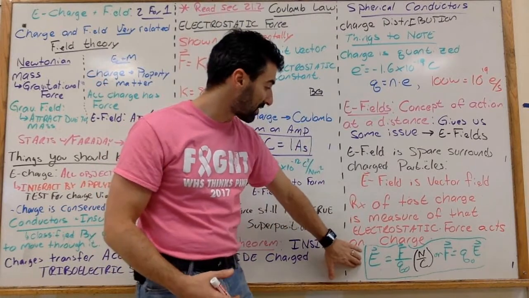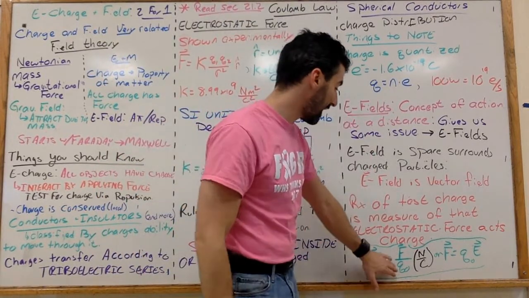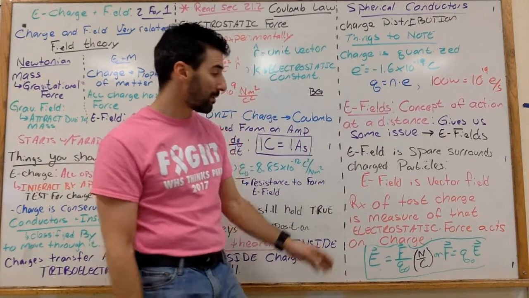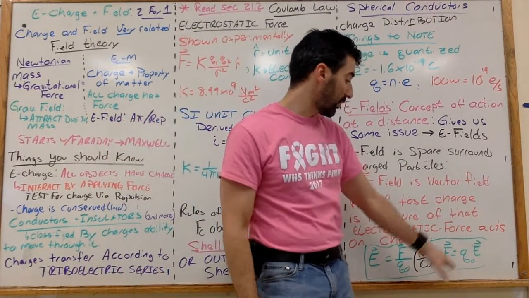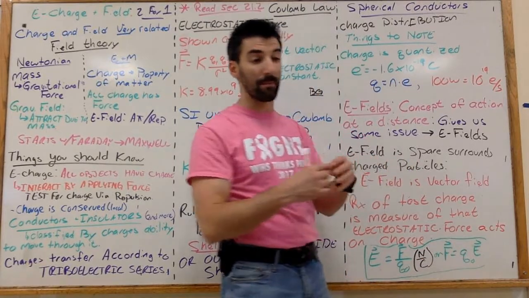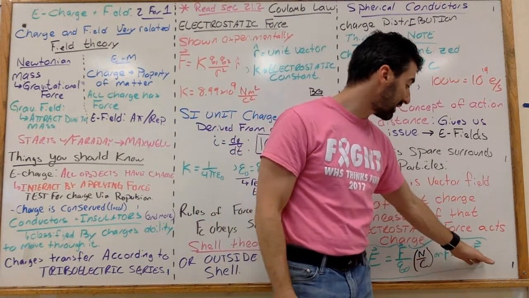We know the electric field is some electrostatic force, like Coulomb's law, divided by an amount of charge. Our unit is a Newton per Coulomb. We can rearrange it, and we can say that a force is equal to some charge Q naught. That's the charge that I'm testing in that electric field.